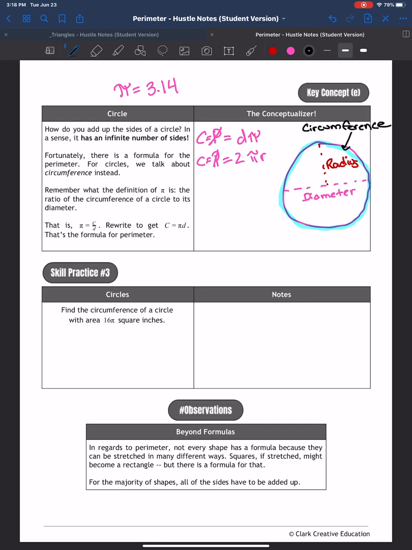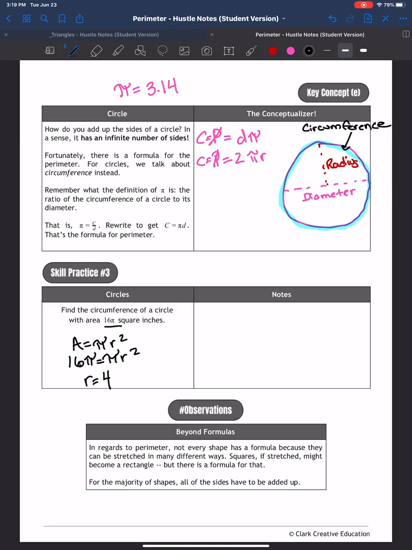So, if you have a circle with an area of 16 pi square inches, you need to know that your area equals pi r squared. So if you have 16 pi equals pi r squared, your radius is going to be 4.